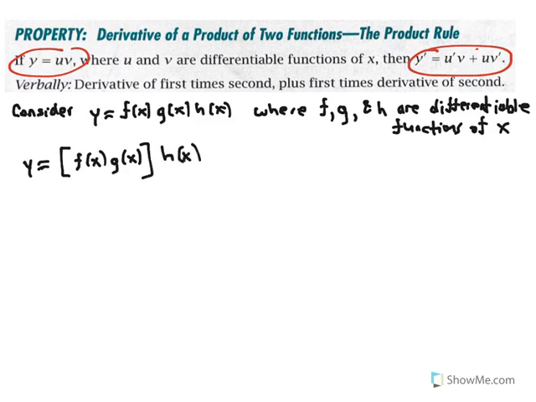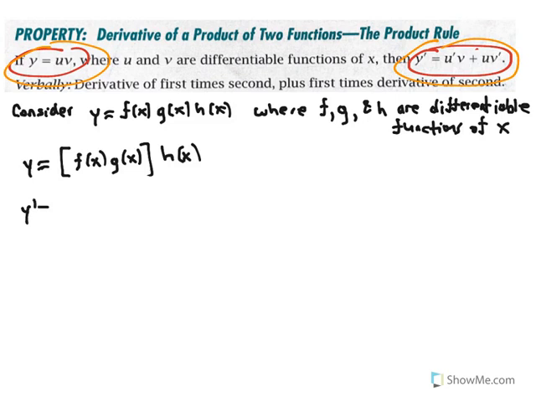So in a sense, you're treating the product of f and g as one function and h as the second function. And now you're looking at this as a product of two differentiable functions, so you can apply the product rule that we've been using to find the derivative of this product.